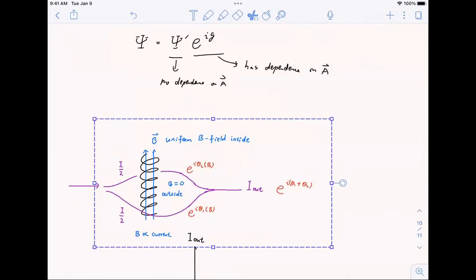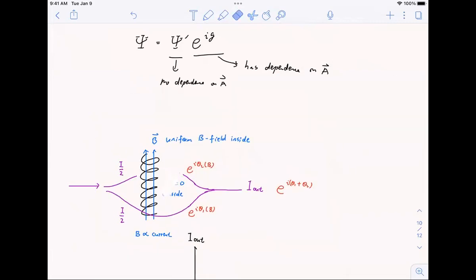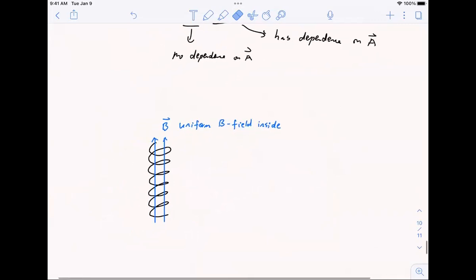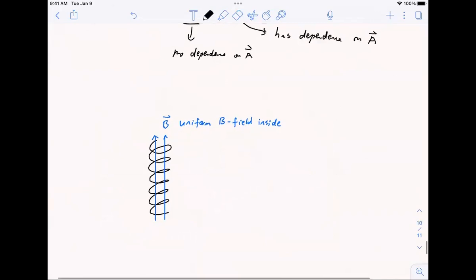So the way we do it is we're going to consider a small box inside. I mean, it can be big, it can be small, it doesn't matter.